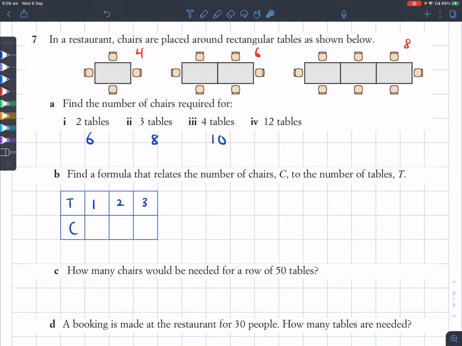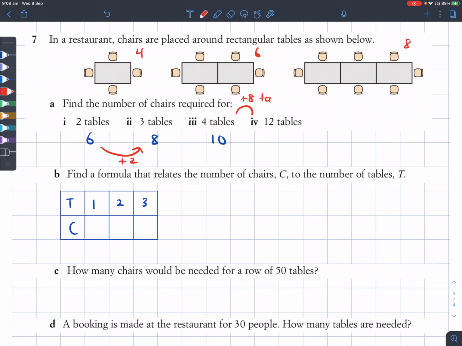And now you got to think about how you would get that using these patterns. Well, for each table that you put on, you're going to add 2, right? So between 4 tables and 12 tables, that's a difference of 8 tables.